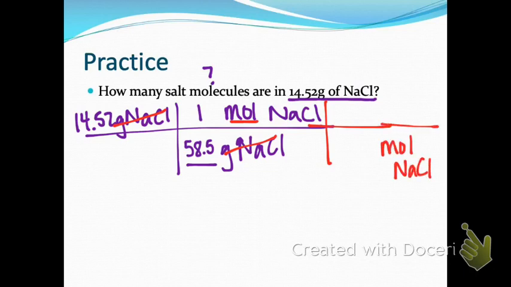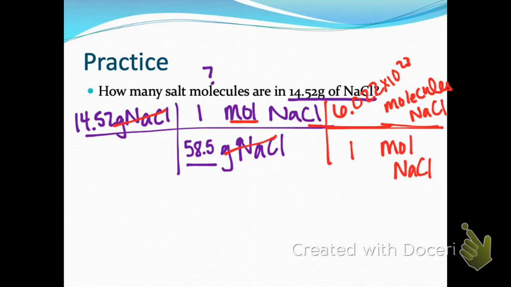And I want to end up in molecules. Molecules of NaCl. 58.5 is our molar mass, right? So between moles and molecules gets the 6.022 times 10 to the 23rd, and moles always gets the 1, no matter what.